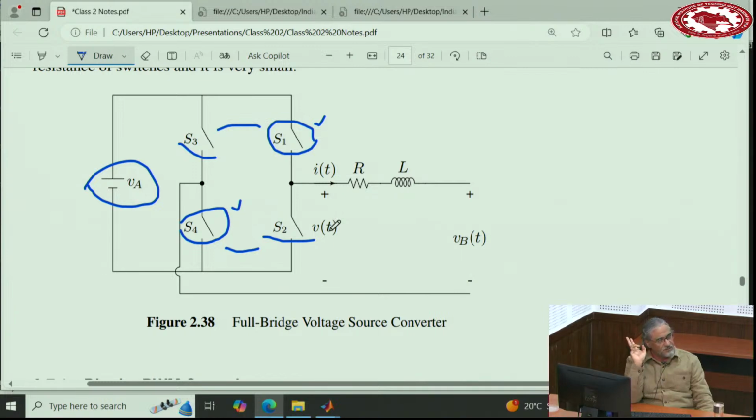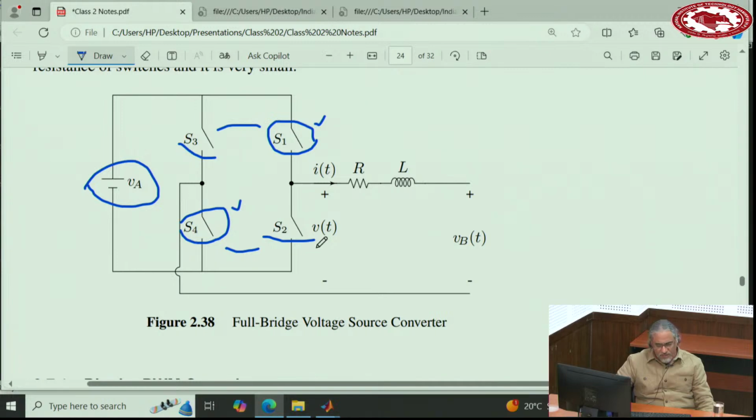And then when the current is coming back, we switch between 0 and negative VA, 0, negative VA, 0, negative VA. So in this case, we can operate the system in both directions, no problem. But the voltage that we generate here is always positive or always negative. It doesn't change from extreme positive to extreme negative. Okay.